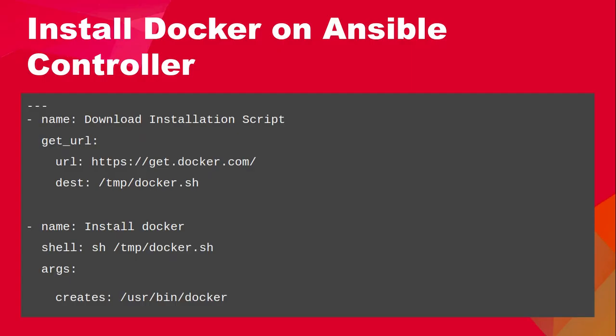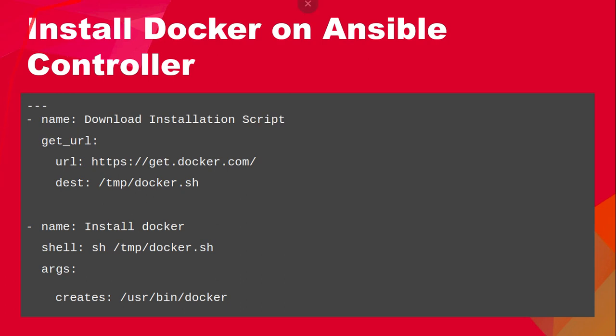Now what I want to do is install Docker on the Ansible controller node. To install Docker, what things do we require? We need a downloadable package of Docker through which we can install.